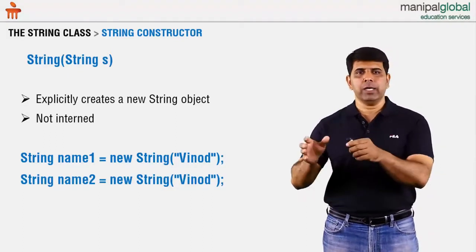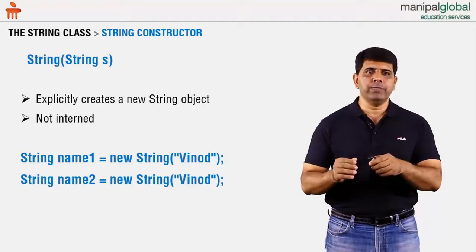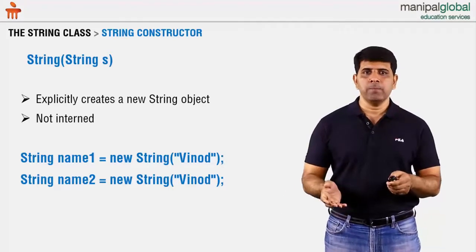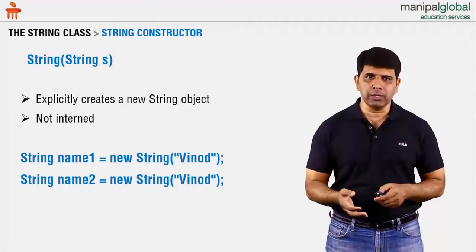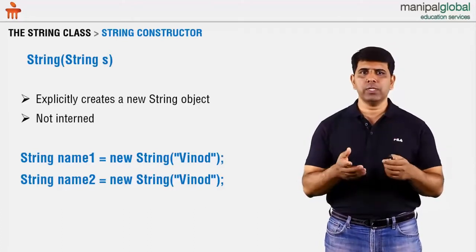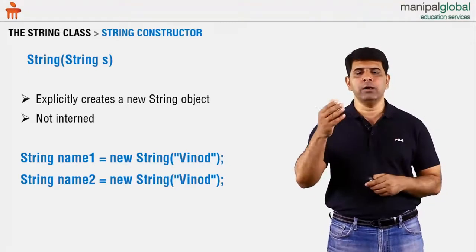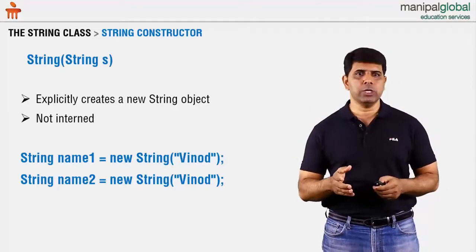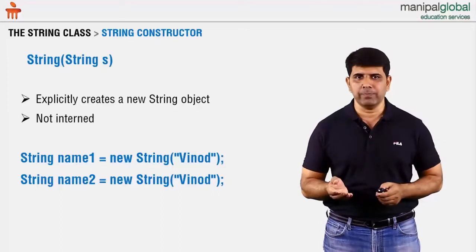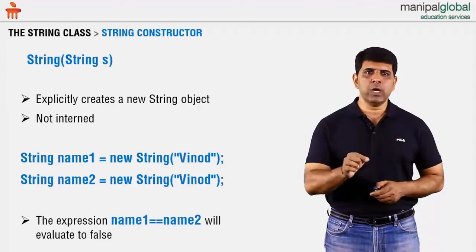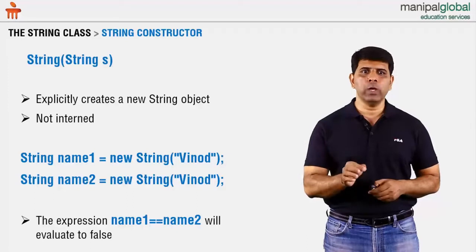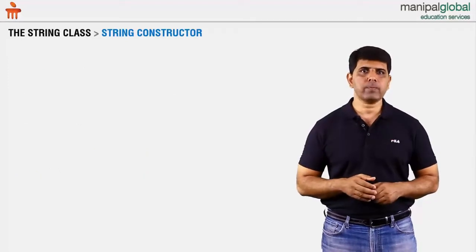Both of them are in a different part of the memory. They both are different strings. Now, since strings are immutable, according to Java, this is a wastage of memory. We could have made both name1 and name2 point to the same shared location because you cannot change them anyway. So name1 double equals name2 will evaluate to false.